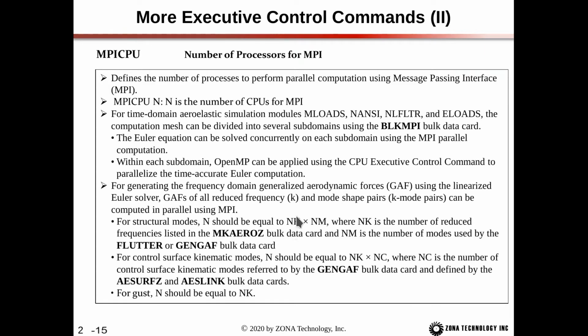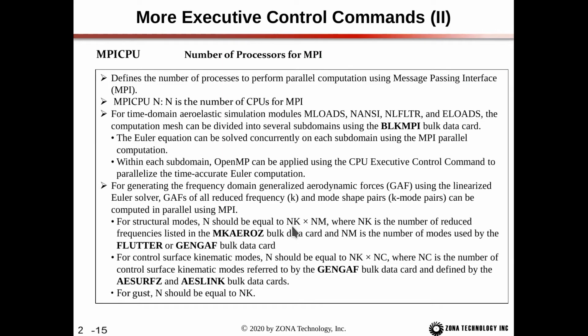If NK is the number of reduced frequencies, and NM is the number of modes, that is how many K-mode pairs you have. So say you have 20 modes and 8 reduced frequencies. That would be 160 K-mode pairs. So n can be up to 160.